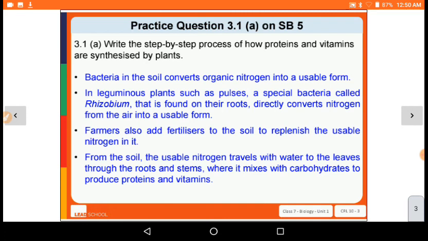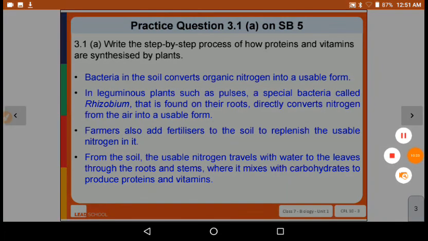And third is farmers supply fertilizer to the soil, and from the soil the nitrogen travels with water to the leaves through the root and stem, and they mix with carbohydrate and produce proteins and vitamins. So this is the first part.